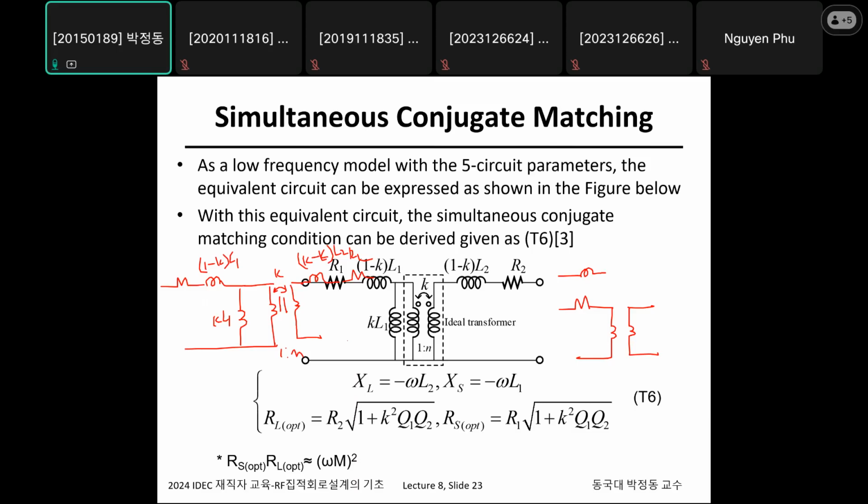So in this case, if you want to make a resonance, XL, which is connected to here, is just minus omega L2. XS is also minus omega L1, just to resonate out the inductance. And how about R?